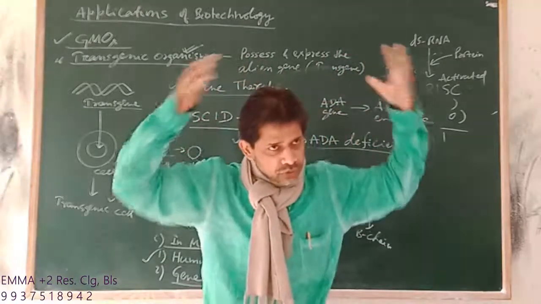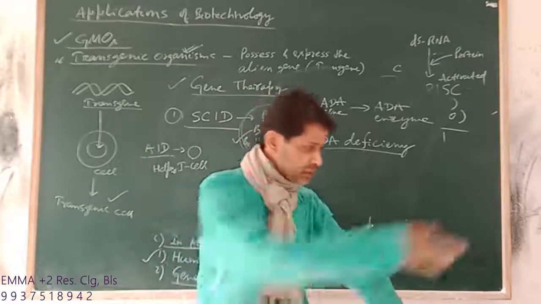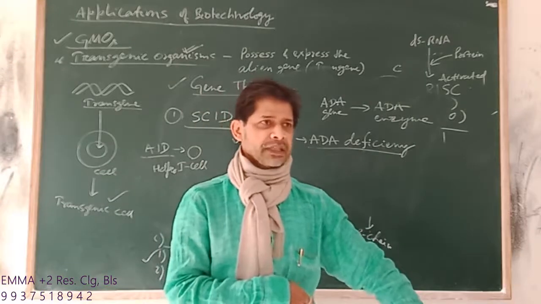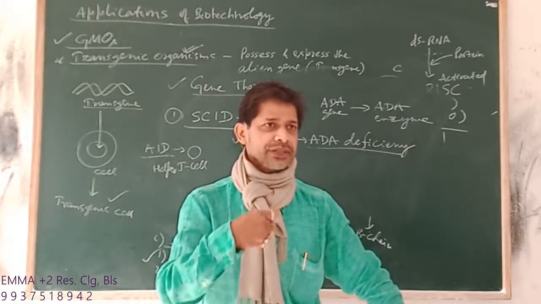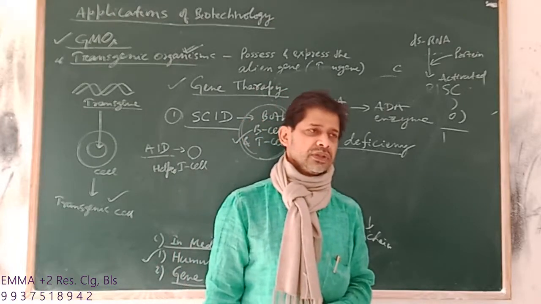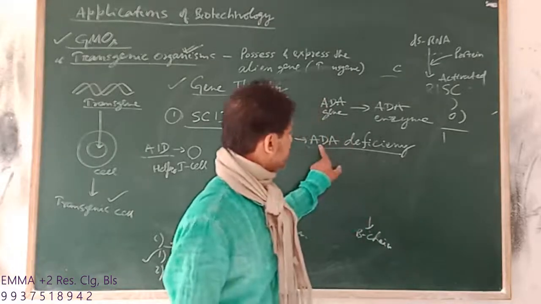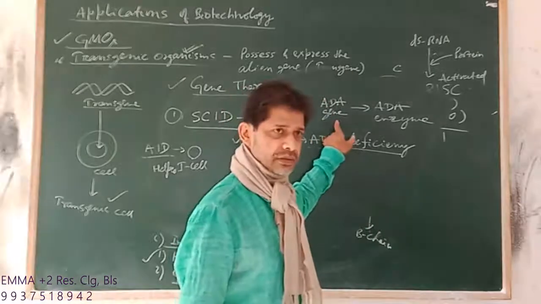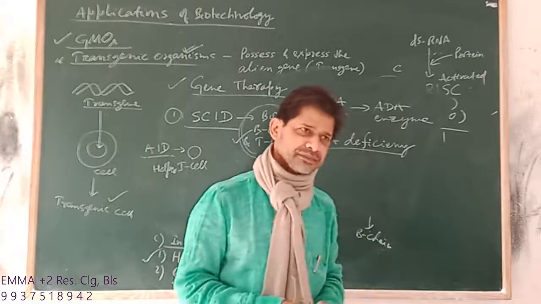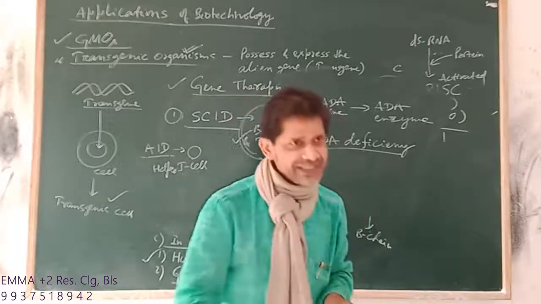So they have to cover their body with an isolation suit, so that environmental air will not directly touch their body. If it enters into the body, then the person will die. So a treatment is required to correct the ADA gene. In this patient, the ADA gene is mutated. That's why you have to introduce a functional ADA gene.